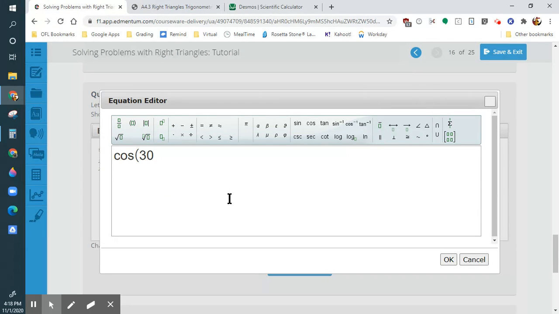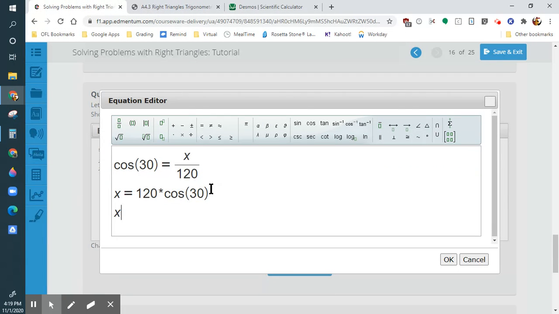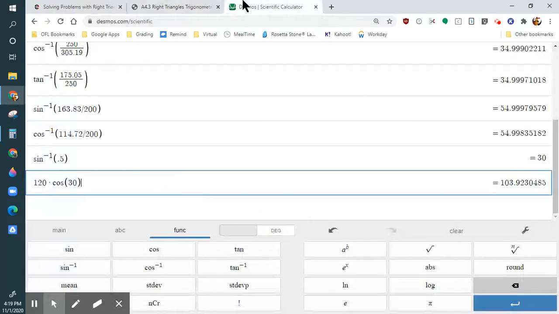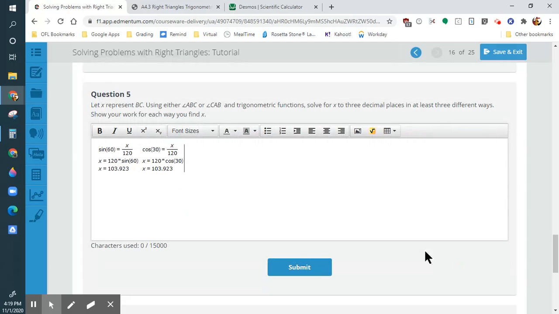I'm solving for x, so x over 120, which means x equals 120 times cosine of 30. And I get the same thing, 103.923.